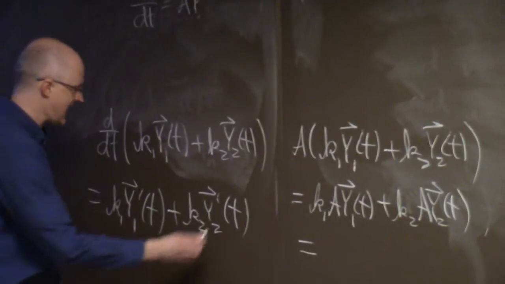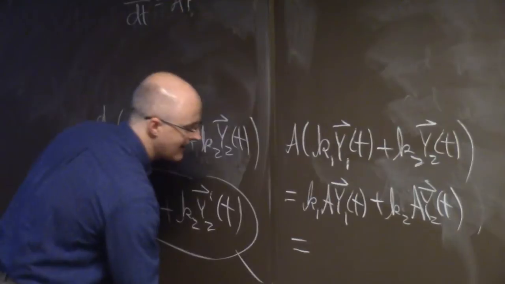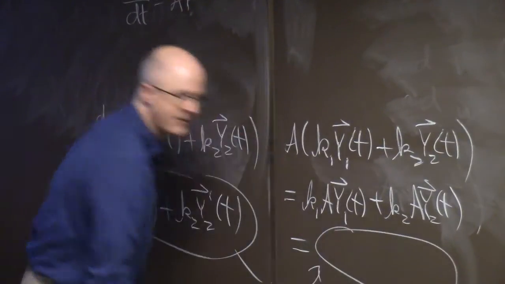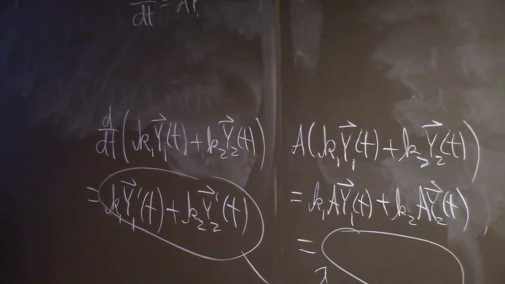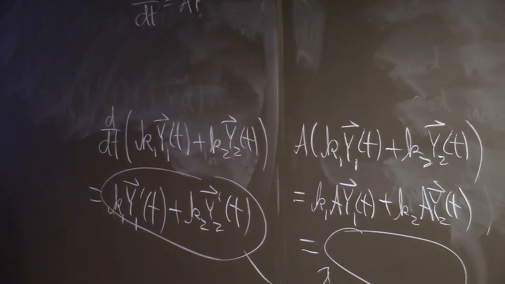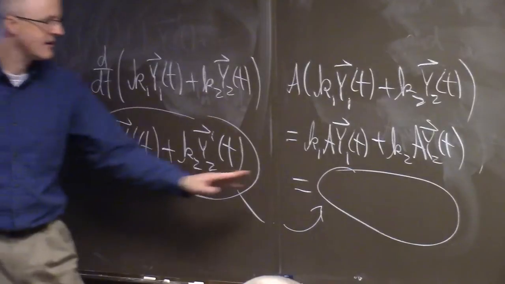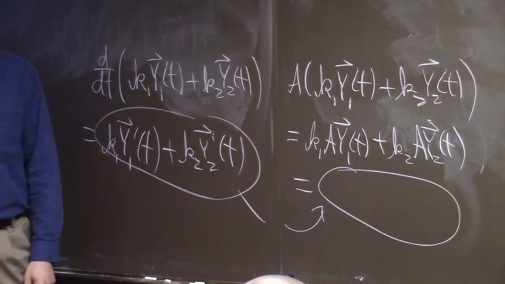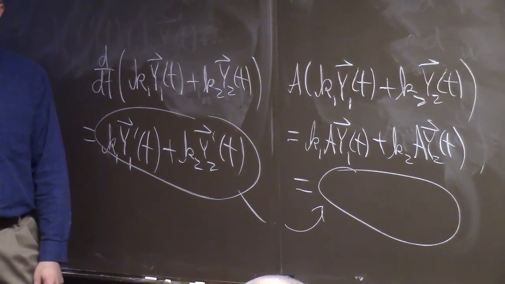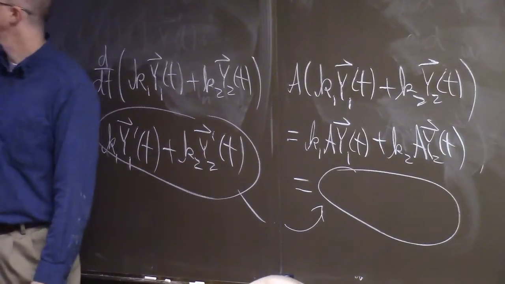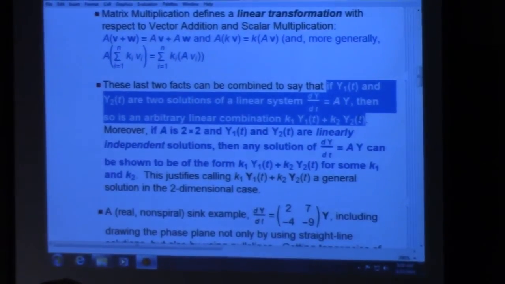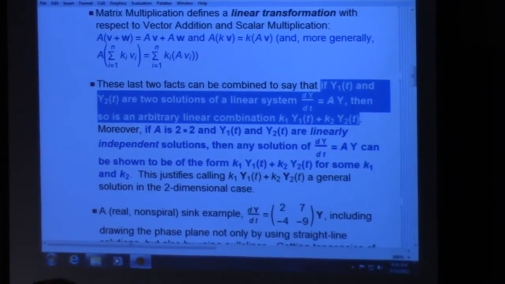Why can I finally say that I get the same thing right there? What's the reason for that? Why can I put this thing here as well? What did I say just a minute and a half ago about looking at the statement here? I said you've got to use your assumptions.